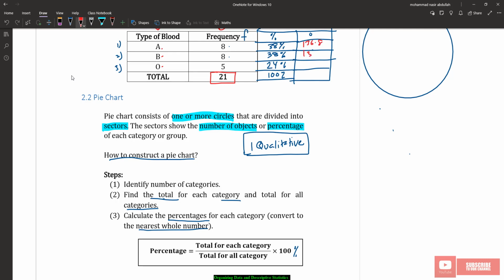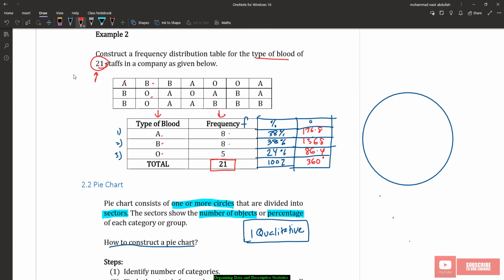This is also the same. And the last one should be 86.4 degree, right? And the total should always equal to 360 degrees, right?